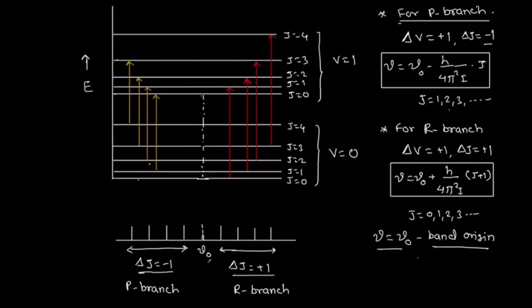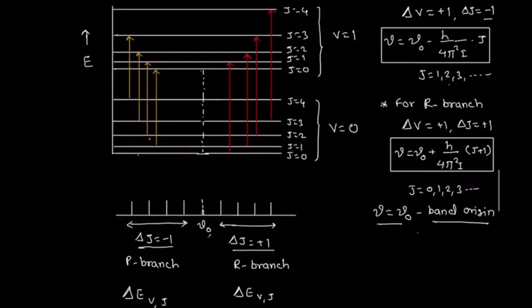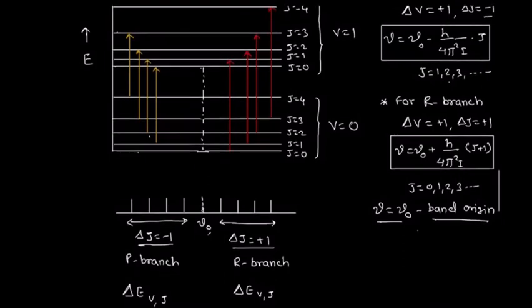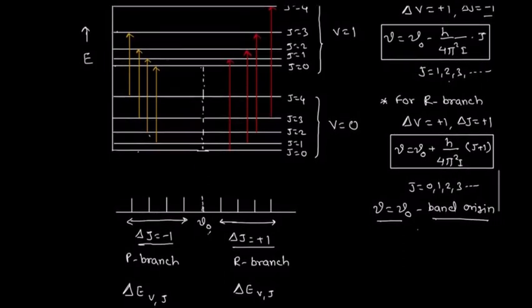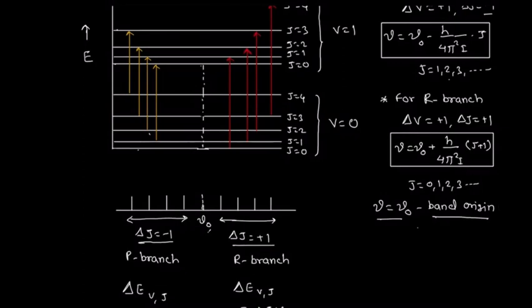Now for the other branch, which we call the higher frequency side. The selection rule for the R branch is delta V again plus 1, meaning the transition is from V equal to 0 to V equal to 1. Delta J is opposite to that of the P branch, meaning it is plus 1. If it is plus 1, the transition may occur from J rotational level in V equal to 0 to J plus 1 in V equal to 1, in such a way that delta J is plus 1.